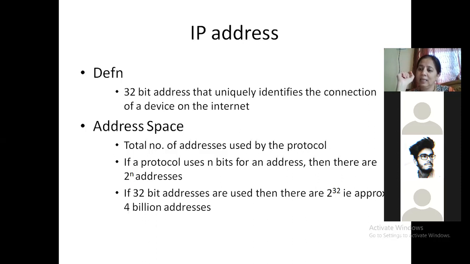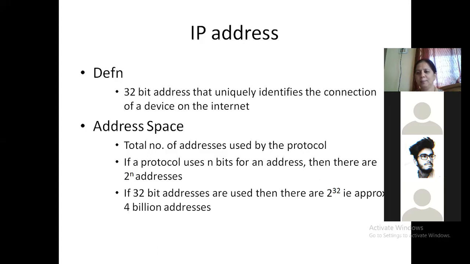That means in internet protocol, we can support up to 2 to the power of 32 addresses. That means in the internet, there can be up to 4 billion addresses. That's the reason we can have millions of computers all over the world with a unique address.